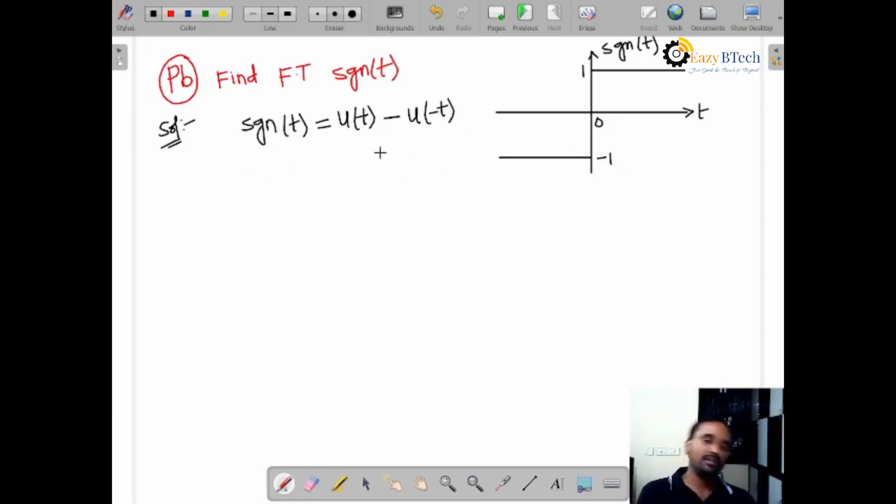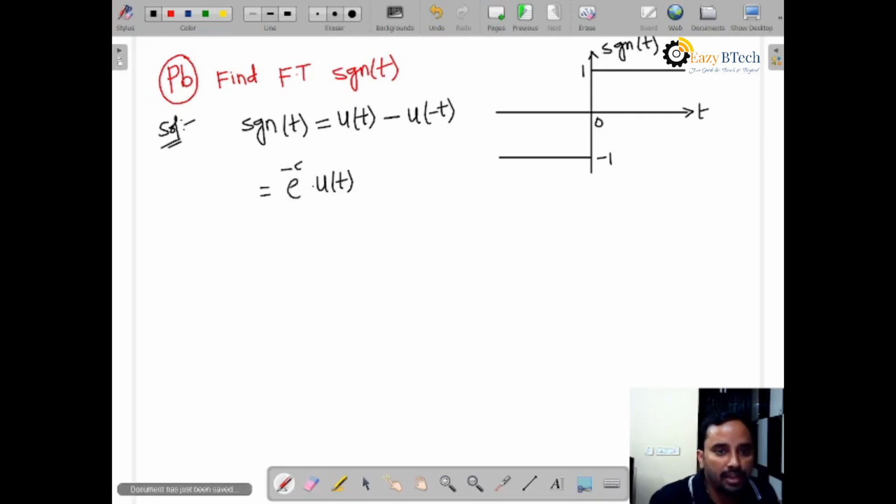So this is the relation between signum function and step function. So this signum function we can write like this: I am multiplying u(t) by e power minus at, and u(-t) I am multiplying by e power at.